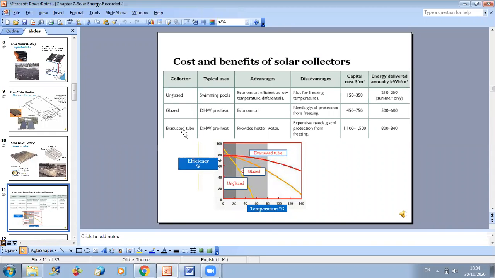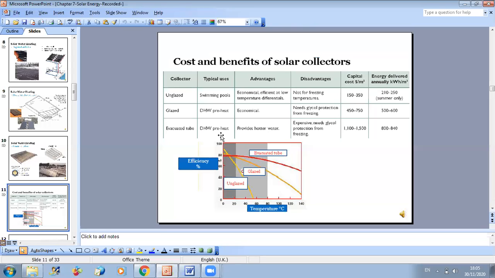Now, for evacuated tube, it's the most efficient one, especially for very large temperatures. So it will be used when we need to heat a lot. We have a large gradient of temperatures, and it is also used for domestic hot water systems, and mainly in cool seasons. It will be efficient in cool seasons.